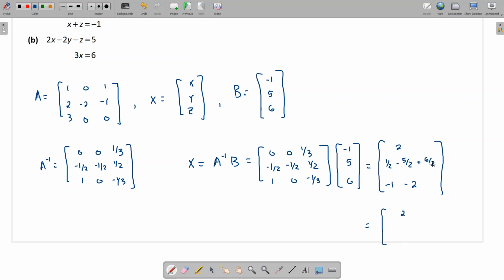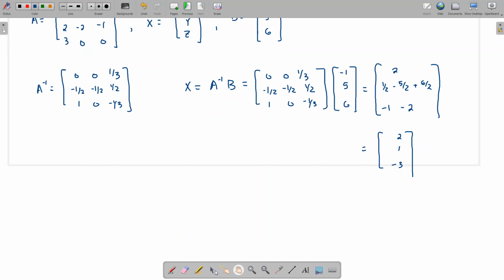This, if we add that together, we're going to have, looks like we've got 7 halves minus 5 halves, which gives us 2 halves or just 1, and then -3 here. So then that is our solution. In other words, x is equal to 2, y is equal to 1, and z is equal to -3.